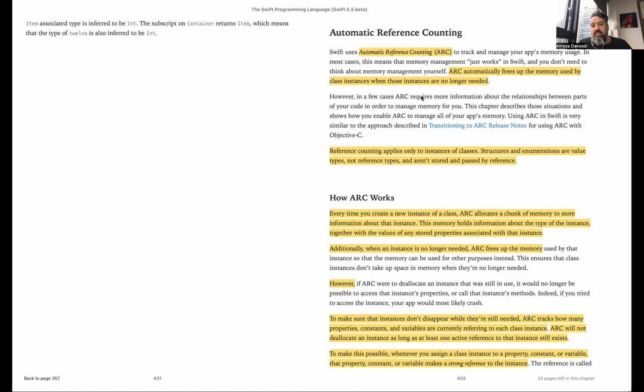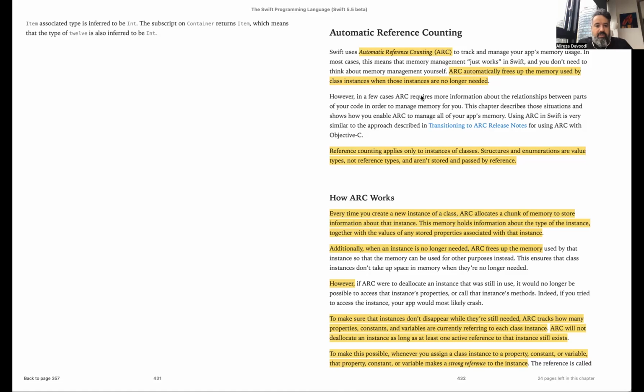Again, remember, it's reference counting, and whenever you see the word reference, we're talking about reference types. So here we don't care about structures or enumerations, because they're value types. Here we're talking just about classes and closures, because those are the two reference types in Swift.